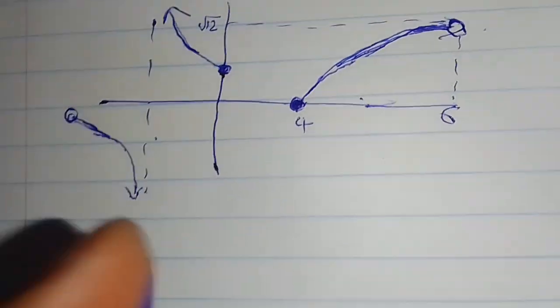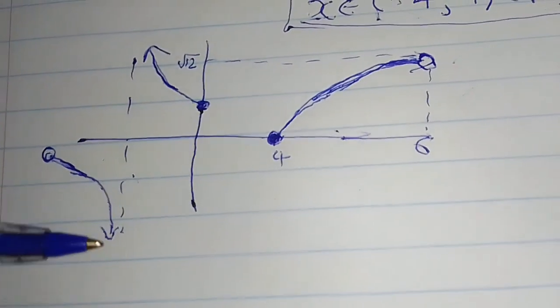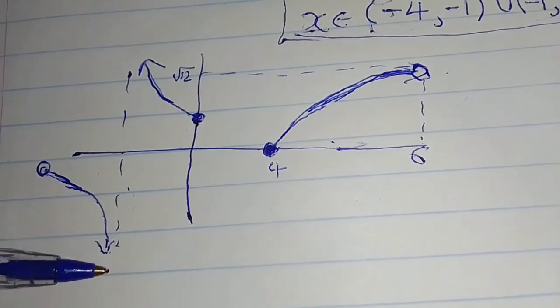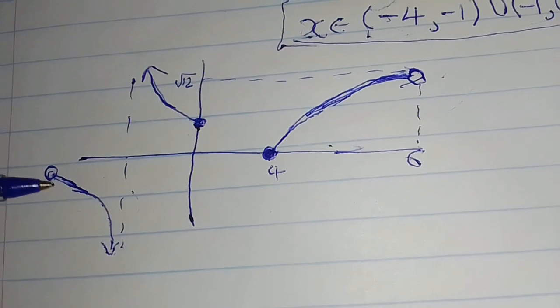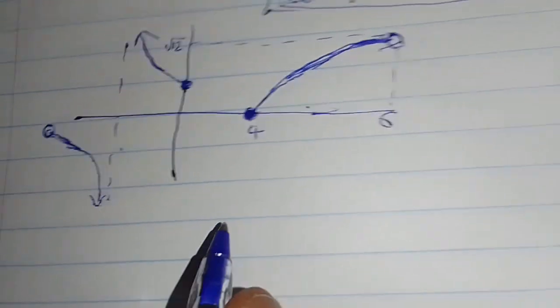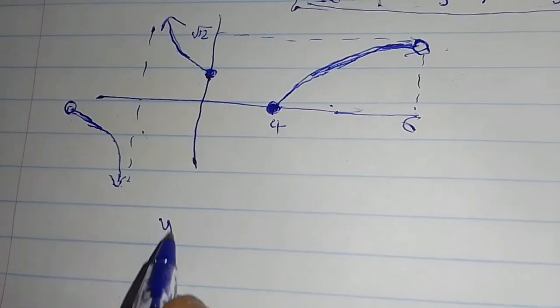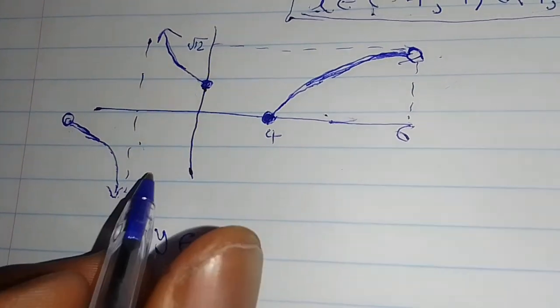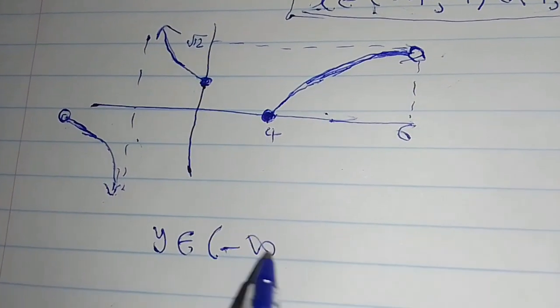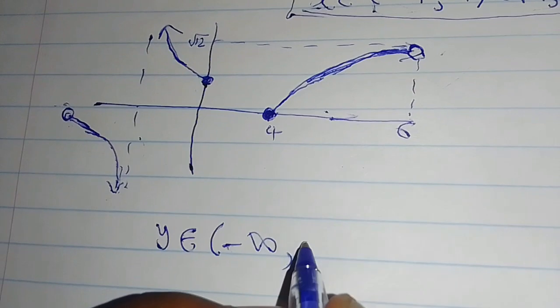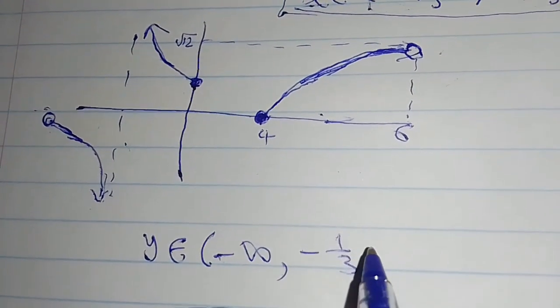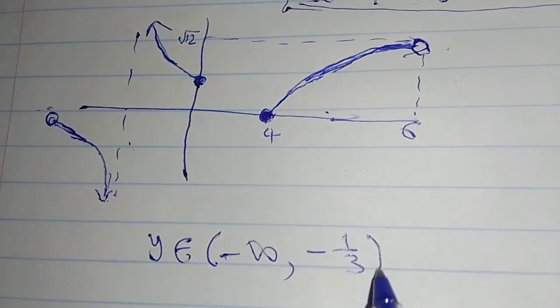So what is the range of this function? This function continues indefinitely on the negative side, and the uppermost negative value is -1/3. So y will go from negative infinity up until negative 1/3, with negative 1/3 excluded.